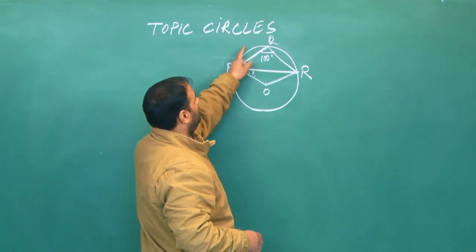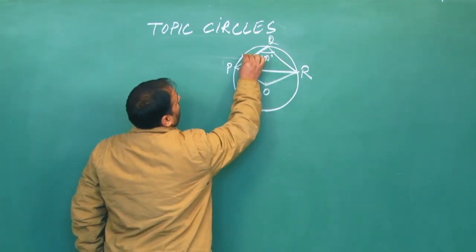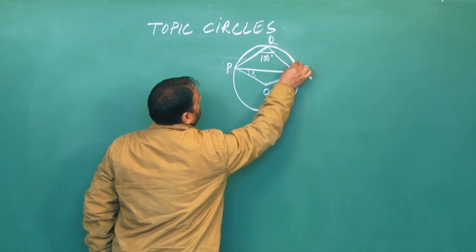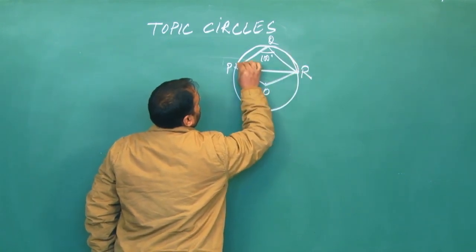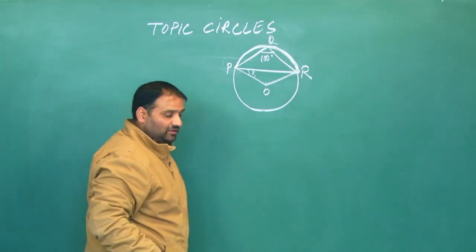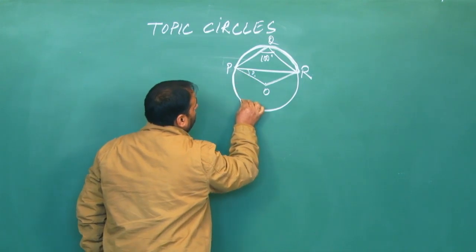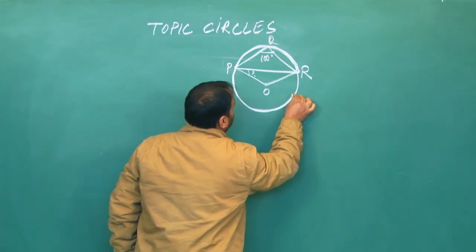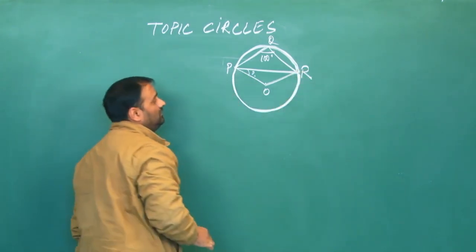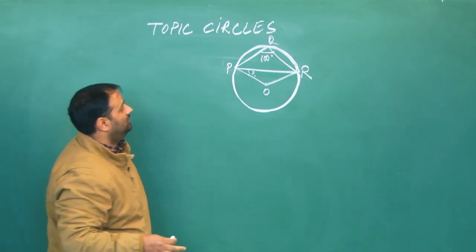We observe that angle PQR is drawn in this minor arc PQR and its central angle will lie in the other arc. Every time we draw two angles, the central angle may lie in one arc and the remaining part of the circle's angle lies in the other arc.